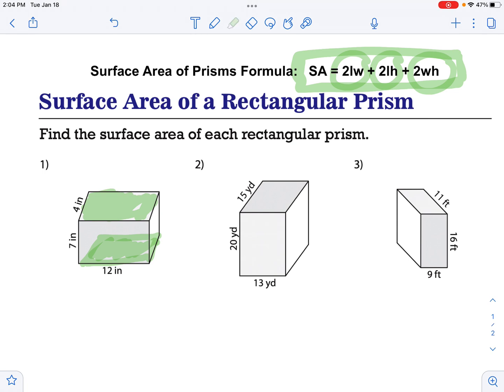Then the next part of the formula, I have another 2 times the length and height. A side of a rectangular prism always has another side, here I did it in red, that you just can't see. So we find the area of one side and multiply it by 2 because every side has a matching side on the other one.